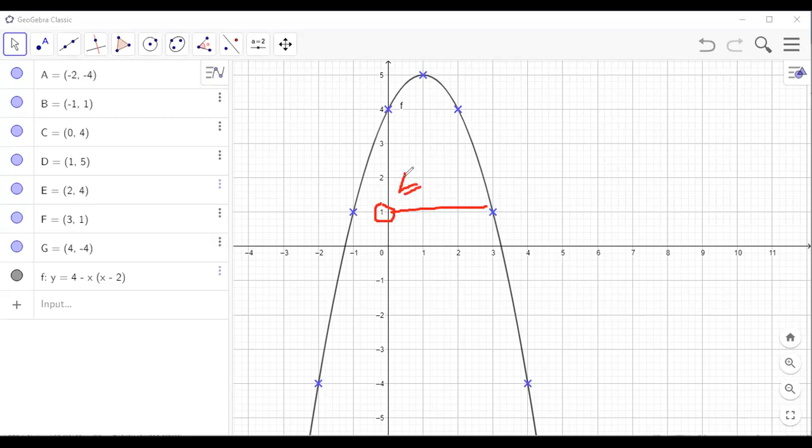Less than inequality, less than with no equal symbol. That means when y is 1, our x value is 3. So y value 1 is less than or equal. That means for the x value we need an equal sign, right?